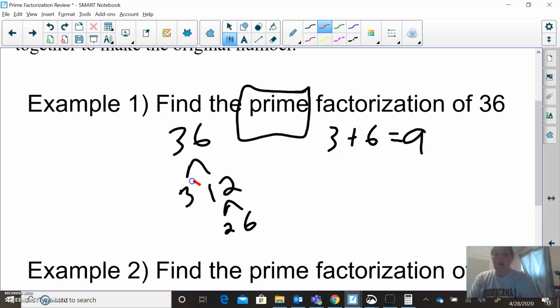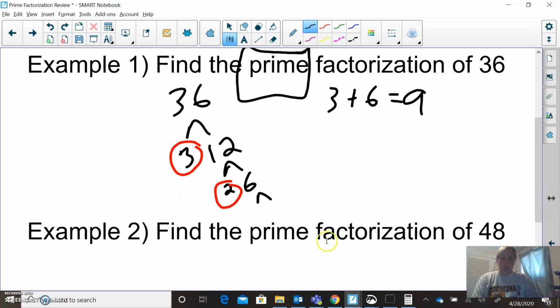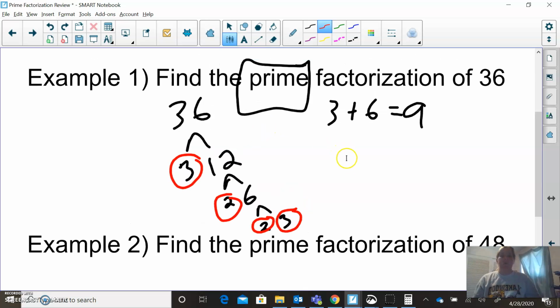When you get a prime number like 3, circle it. 2 is also a prime number, so circle it. To get to 6, you have to multiply 2 times 3. And those are both prime numbers, okay? We're done. We factored everything out. We are at our prime factorization.